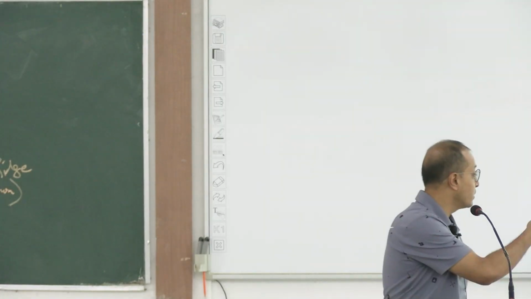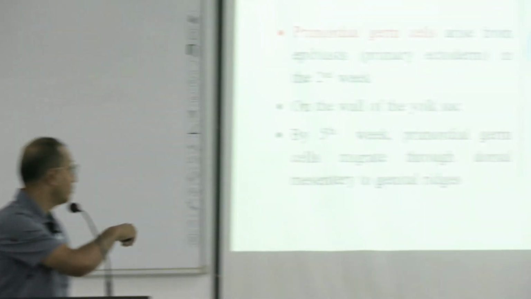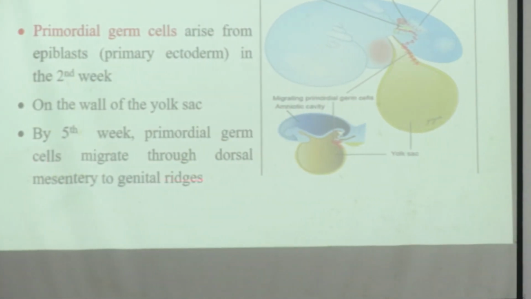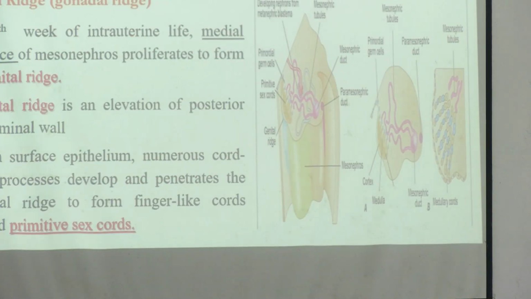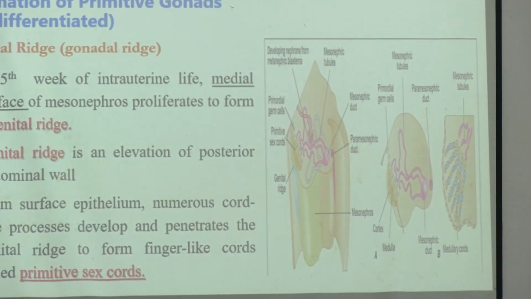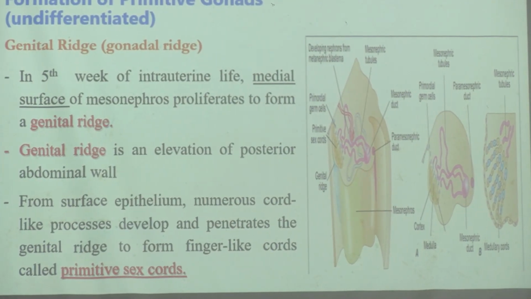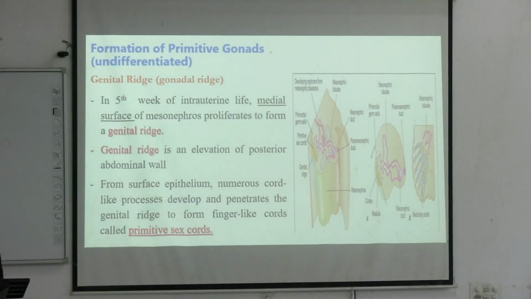So this is what we are seeing here: primordial germ cells migrating in the fifth week of life through the dorsal mesentery to the genital ridge region, populating that region which is known as the sex cord region. Once it reaches this sex cord region, migrated to by the primordial germ cells, then we call this genital ridge a gonad, and it is undifferentiated yet.